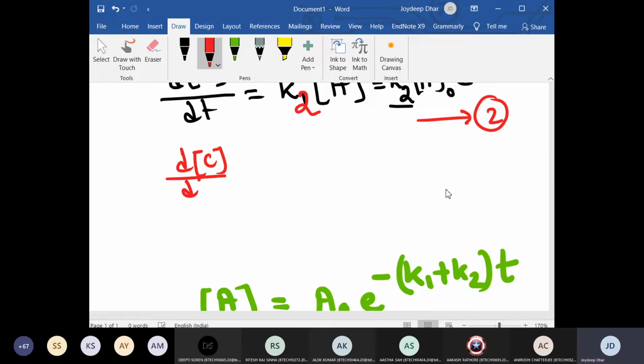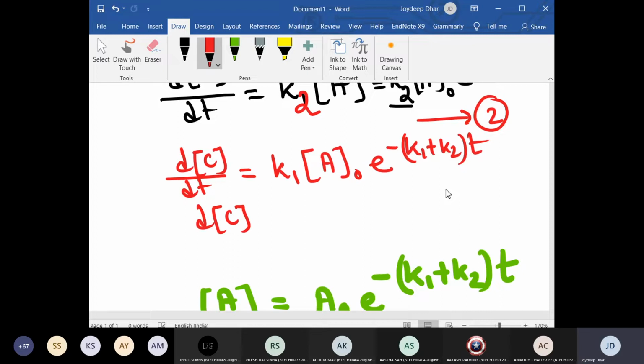dC/dt, I am writing once again, is K1 A naught e to the power minus (K1 plus K2) into T. So now dC will be K1 A naught e to the power minus (K1 plus K2) T dt.